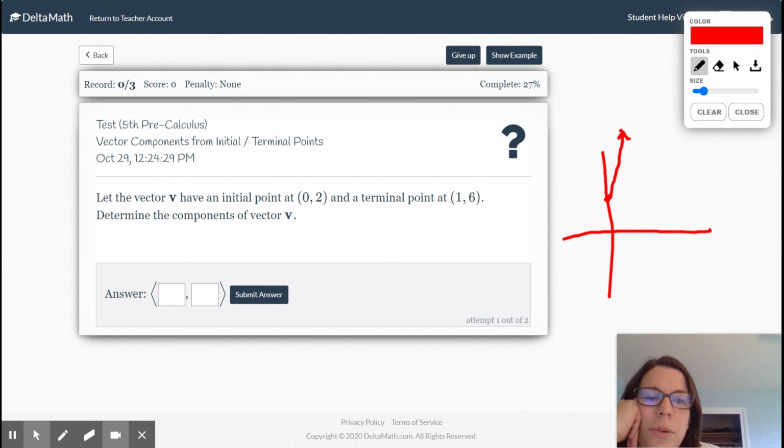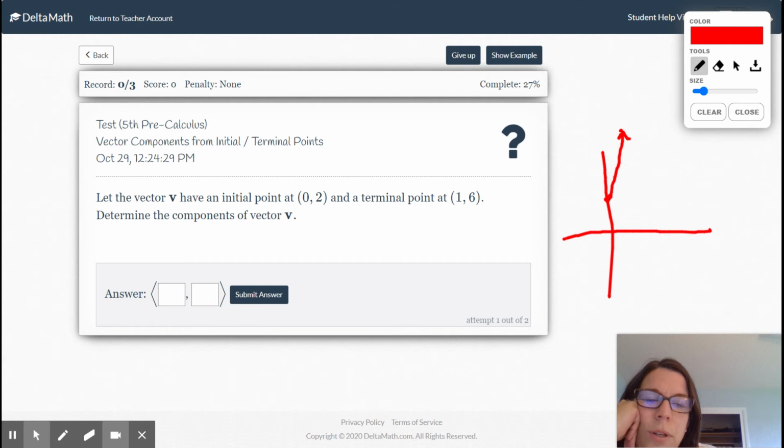Since we're starting at 0, 2, from left to right we had to go 1 to the right, and then the vertical component was 4. You have to do this with slope, rise over run, a lot. So for the horizontal and vertical components, you're subtracting these. Or you can draw it out and say, how far did I have to go horizontally? 1.